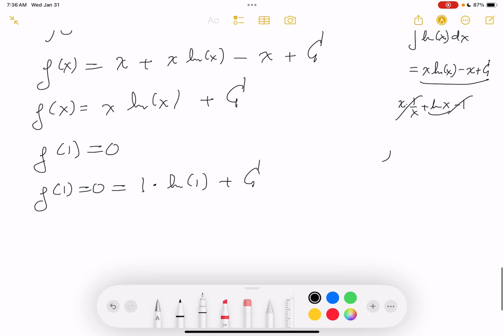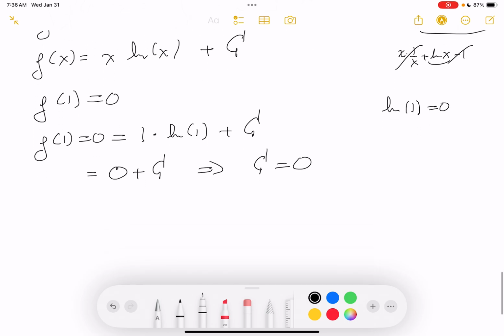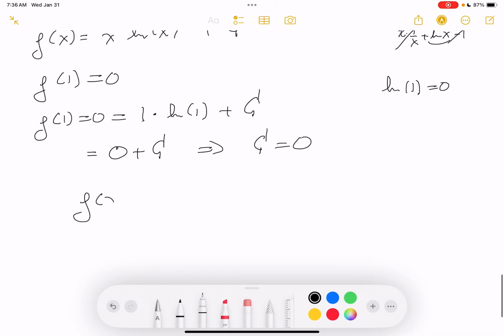Well, the natural log of 1 is going to be 0 because e to the 0 is 1. So this is going to be equal to 0 plus c. So what does that mean? c is equal to 0. So now I found f of x. f of x is going to be x ln x.